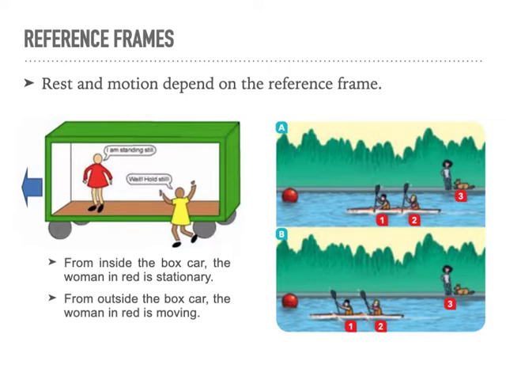For example, here we have this girl that is saying, I'm standing still, because she's not moving, but the vehicle here is moving. So she is not moving herself, but someone outside is seeing this person moving. So it's not so clear what rest and motion are.